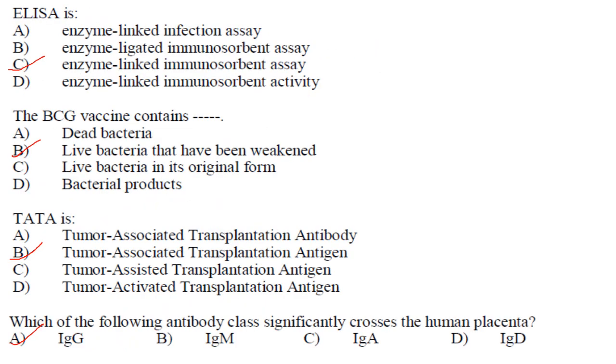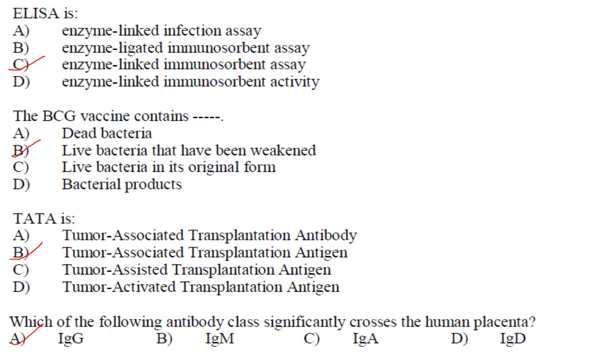Then ELISA is enzyme linked immunosorbent assay. So answer is option C. Then BCG vaccine contains live bacteria that has been weakened, and it is an attenuated vaccine. Answer is option B. Then TATA is tumor associated transplantation antigen.